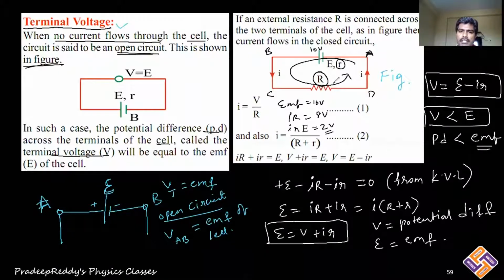So what is the potential difference between these two terminals of the resistor? That is V, which is 8 volt, less than 10. You are supplying 10 volt, but for the external resistor there is only 8 volt potential difference between C and D, and the remaining 2 volt is dropped across the internal resistor of that cell.